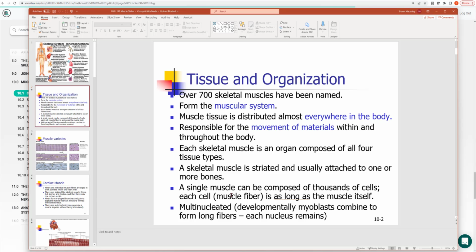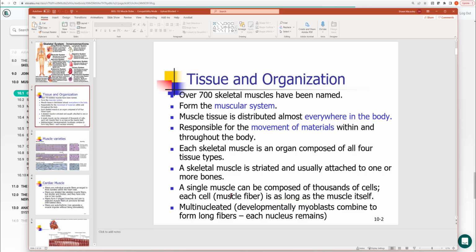I was talking about collagen or elastin or reticular fibers, okay? But in the context of muscle tissue, a fiber is the muscle cell, and in skeletal muscle, the muscle cells are as long as the muscle is.